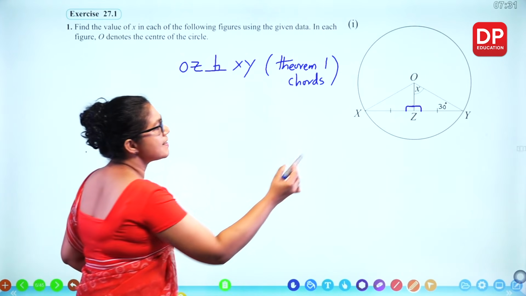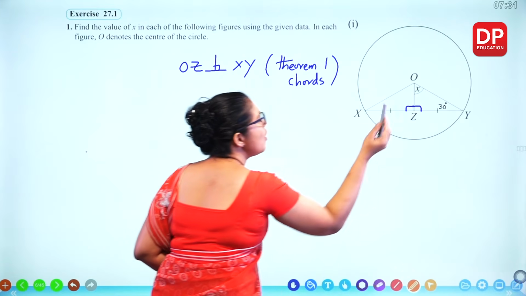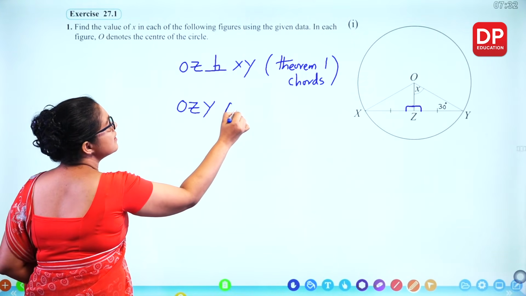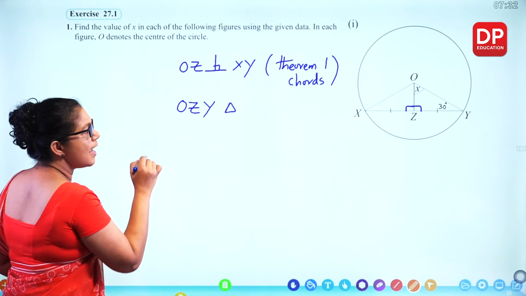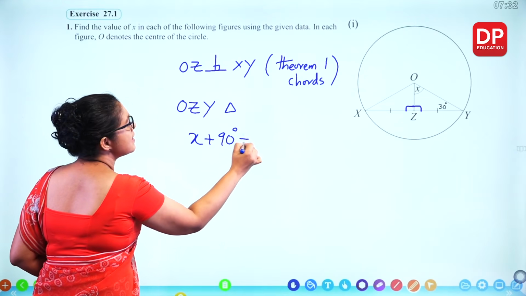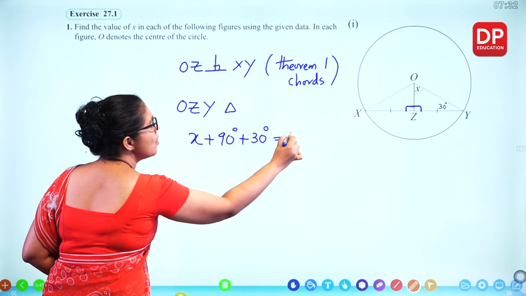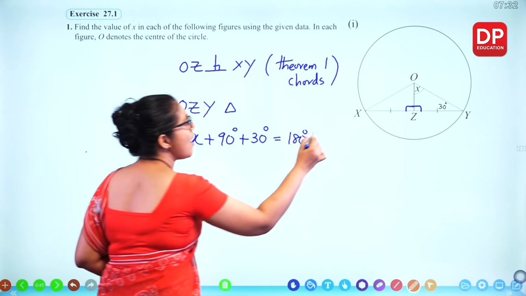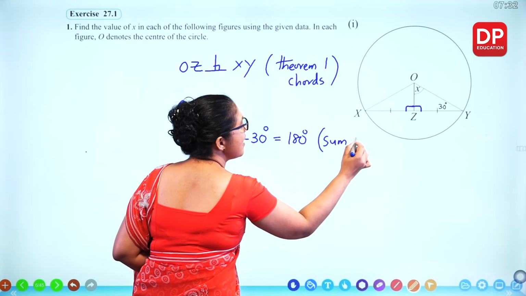If you know this is 90 degrees, now think about triangle OZY. What can you say about angles? x plus 90 plus 30 degrees is equal to 180. That's a triangle. The sum of angles in a triangle is 180.